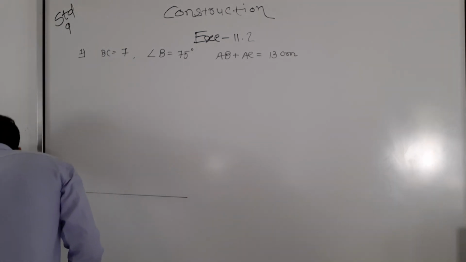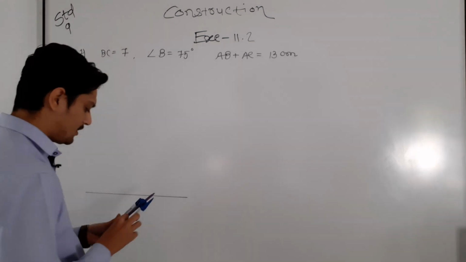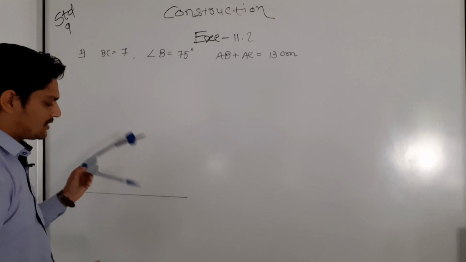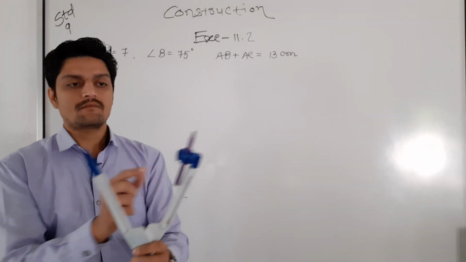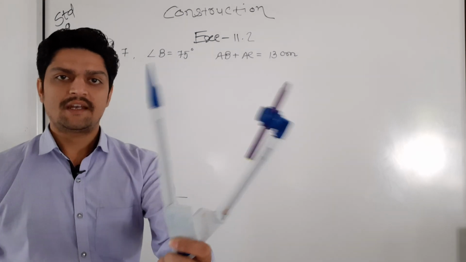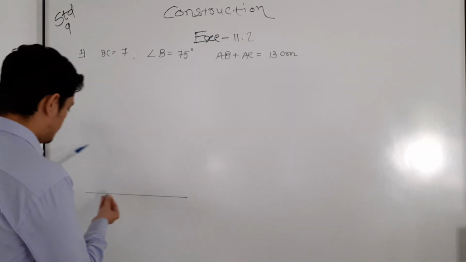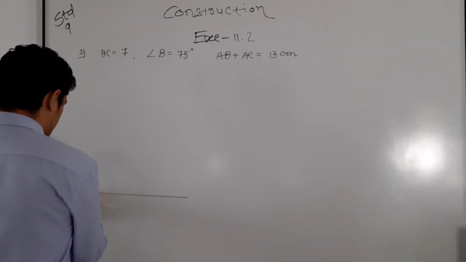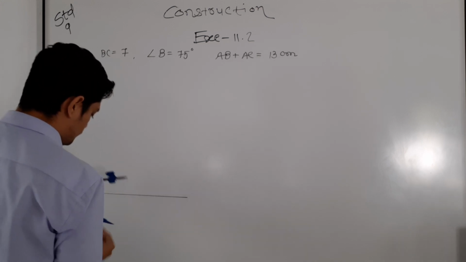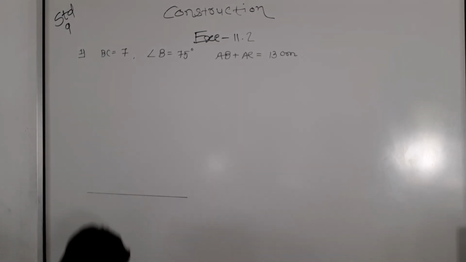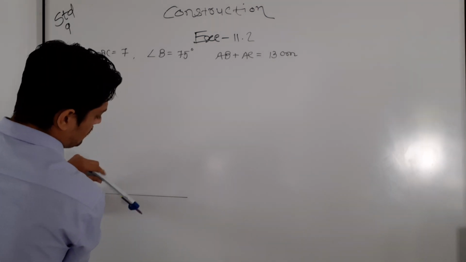Now you all know how to draw a 75-degree angle. What to do first? We have to set more than half radius here, as you can see. Any radius you can set, but it should be more than half. This is almost more than half.